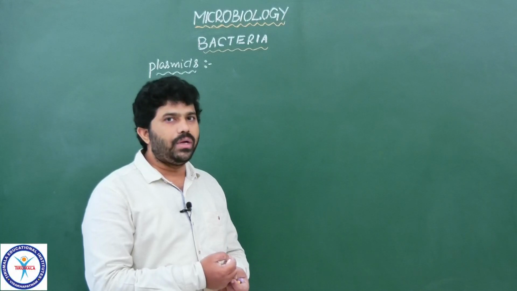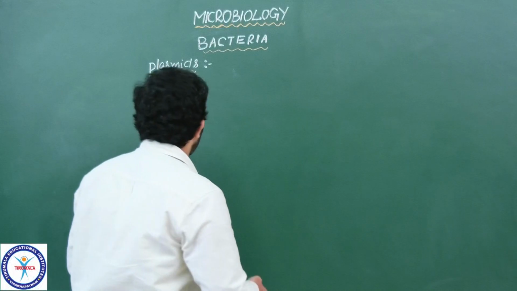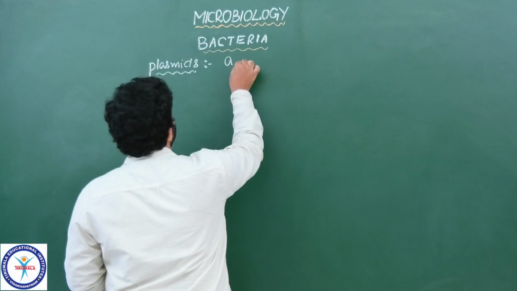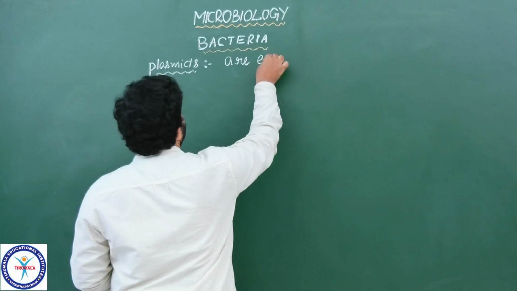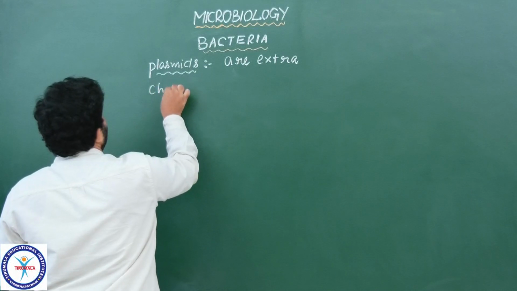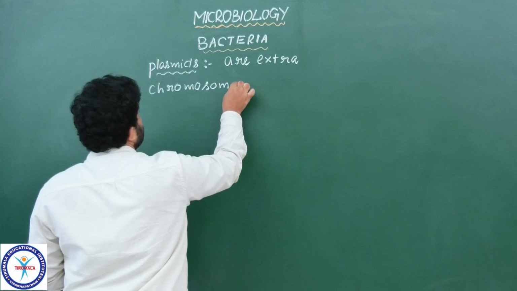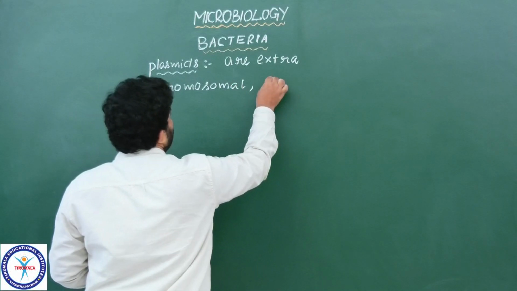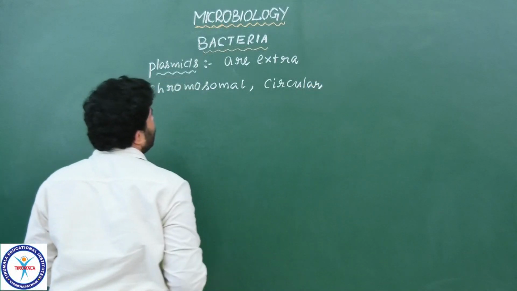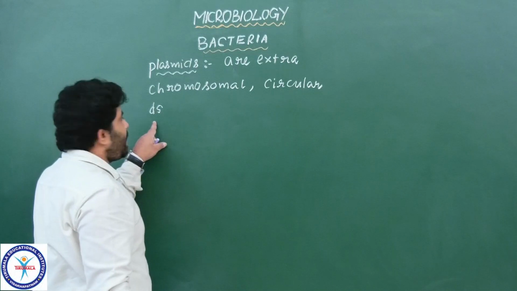Now have a look at what plasmids actually are. Right, students? Plasmids are extra chromosomal, circular in shape, and the DNA is dsDNA, which means double stranded DNA.